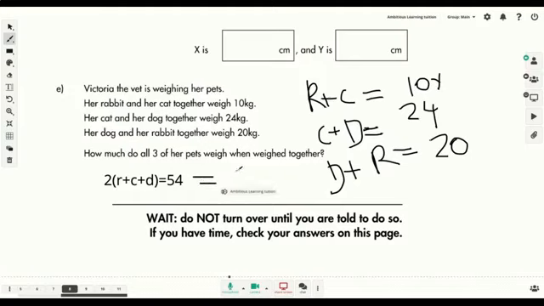So there are 2 of them. You would get your answer as 27 because there are 2 of them.